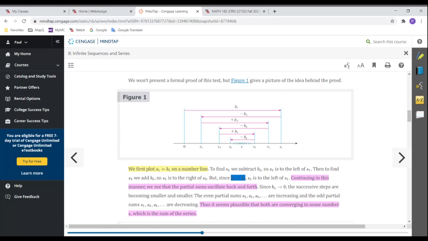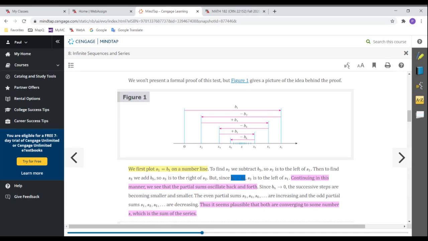And so that's the idea behind the alternating series test: if you keep taking partial sums, they're going to oscillate back and forth. Because you're adding a positive term, and then a negative term, but the terms are getting smaller, the partial sums oscillate about the true sum, but they're getting closer and closer.